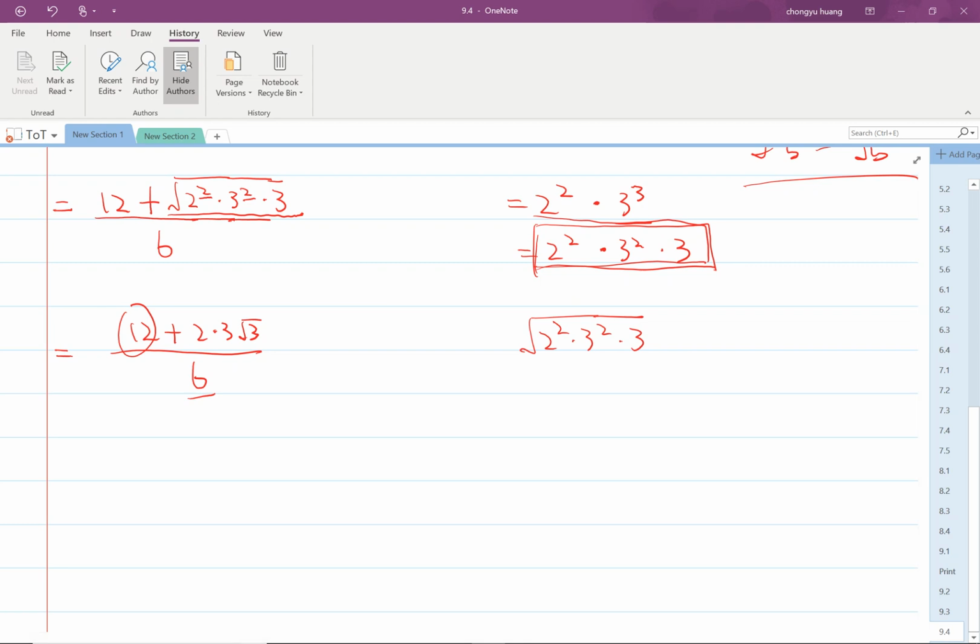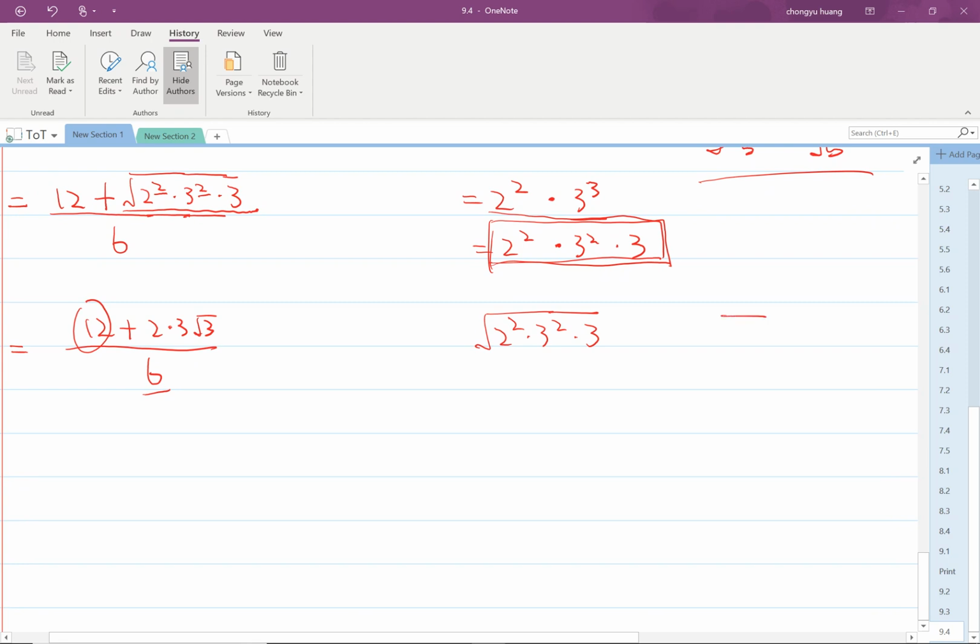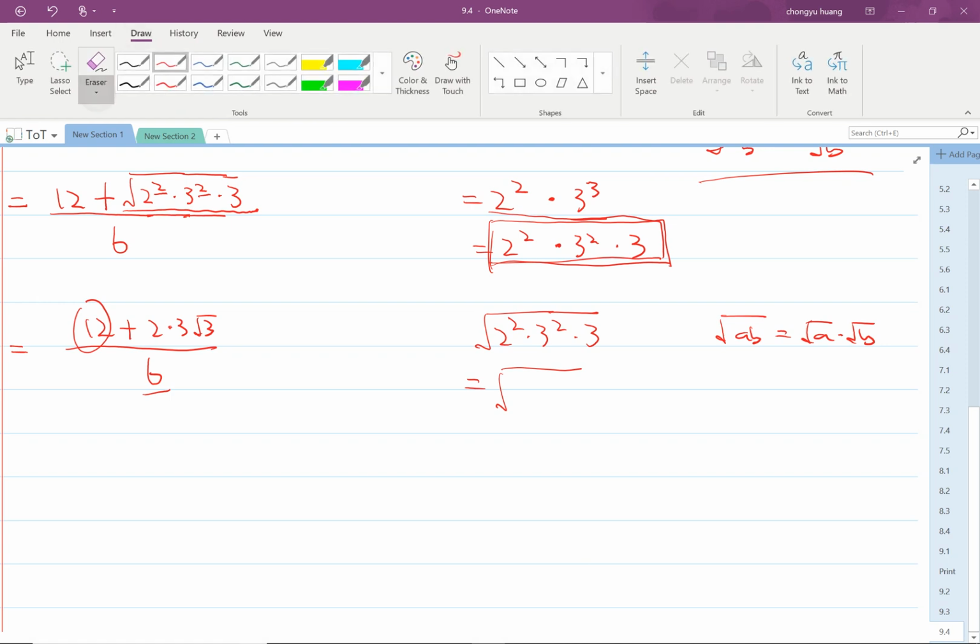Over here, the property says that we are able to write this into this, right?